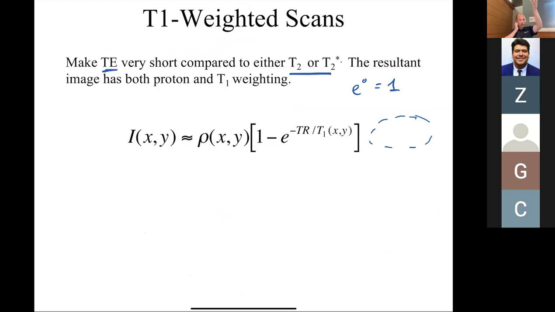And all I need is for TE to be very short compared to T2 or T2 star. So then that's equal to 1, okay? So you can see here now, I've got this density weighting, which I can't really do much about in this case, but I also have this T1 weighting, okay?